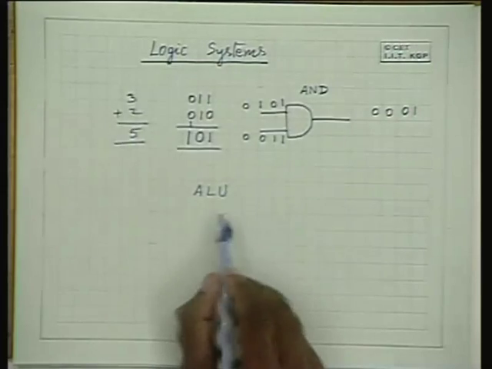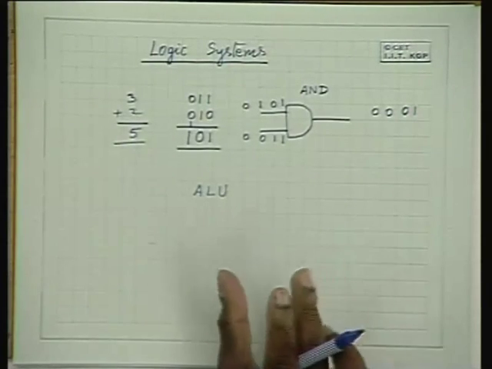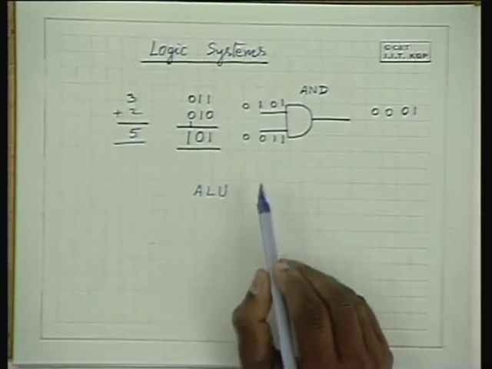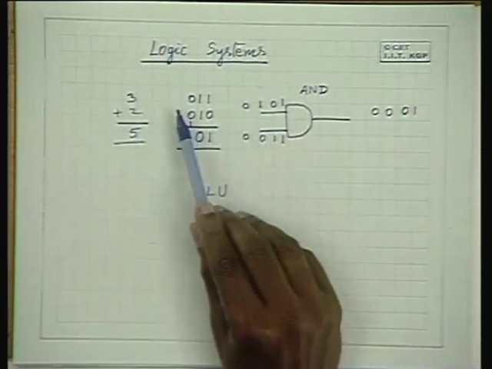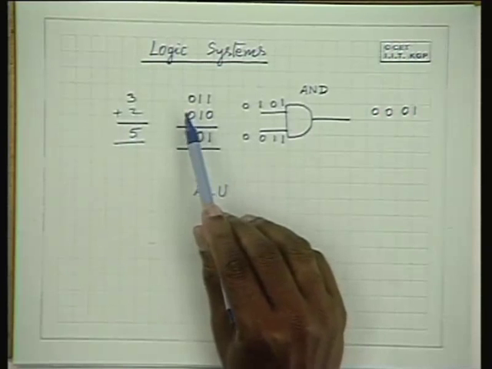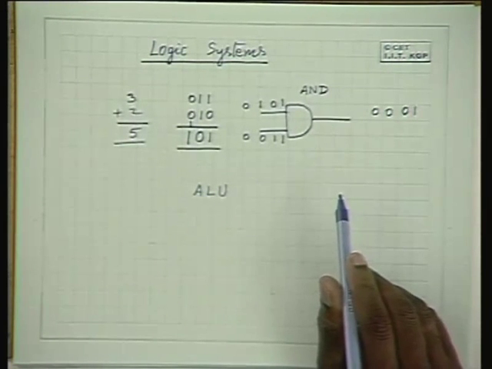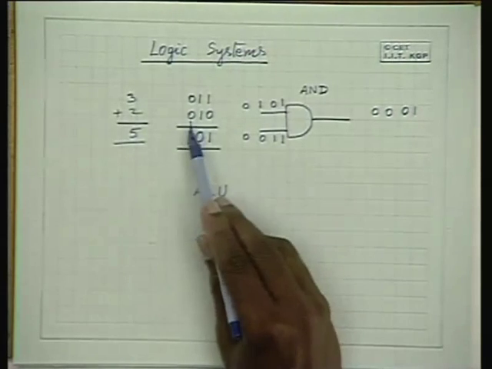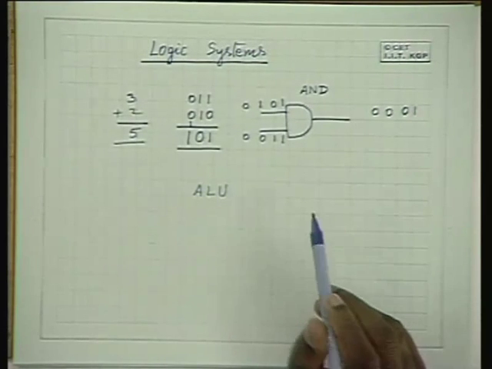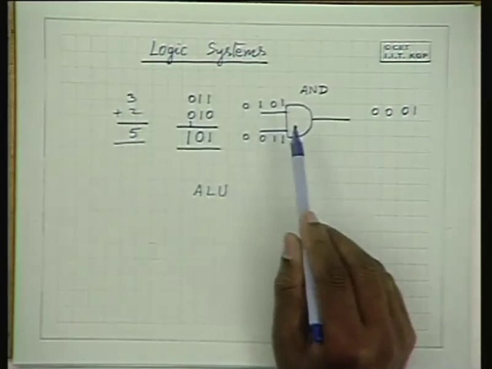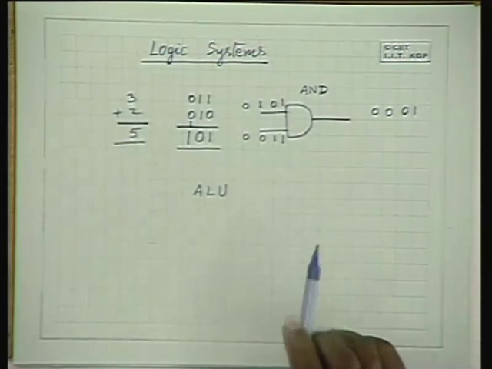And the arithmetic logic unit is an integral part of a CPU. What the arithmetic logic unit consists of are things like the binary adders and multipliers, and some registers to store such numbers. And these are made with the help of several such gates.